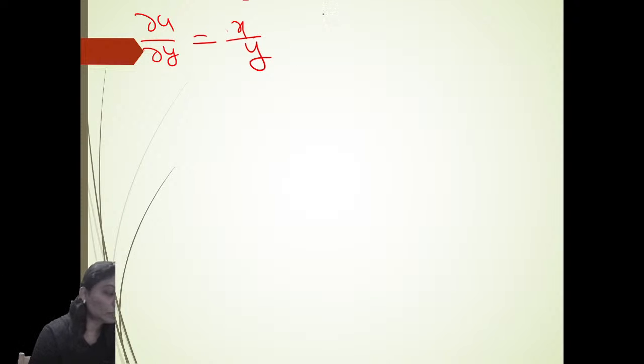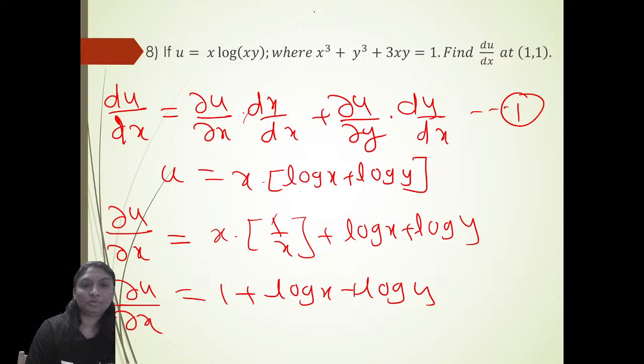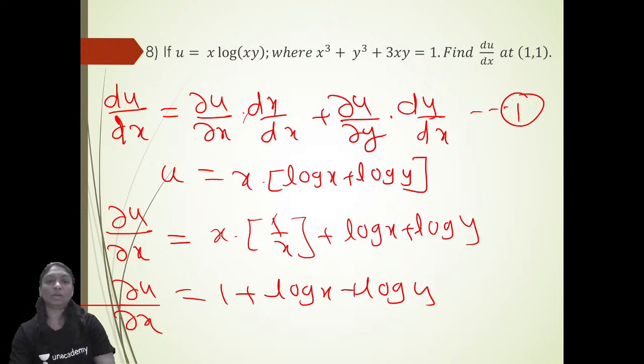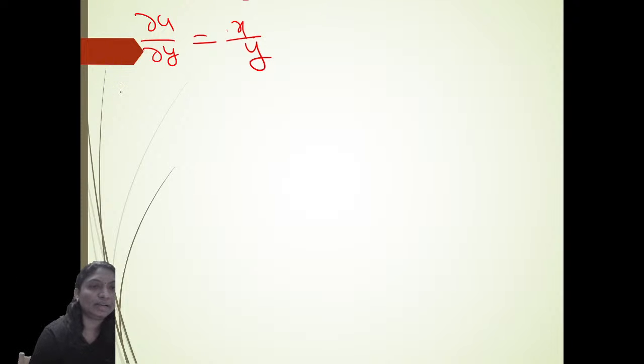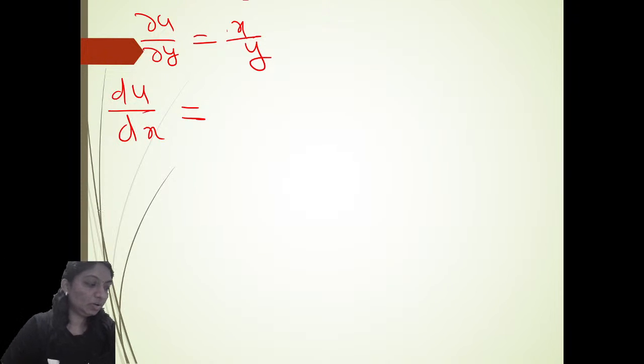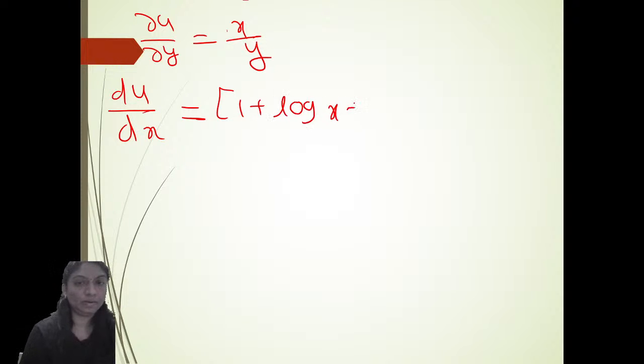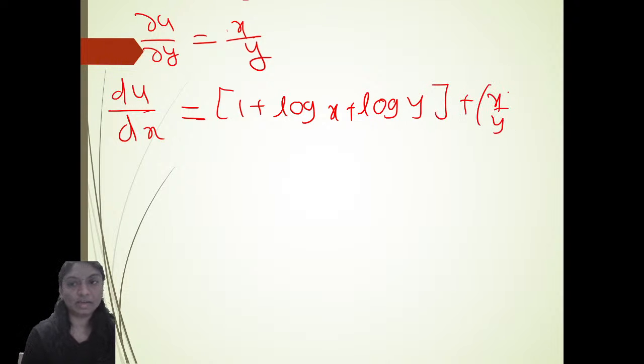Now we have ∂u/∂x and ∂u/∂y, so put these values in equation 1. You will get du/dx is equal to 1 plus log x plus log y plus x upon y into dy/dx.